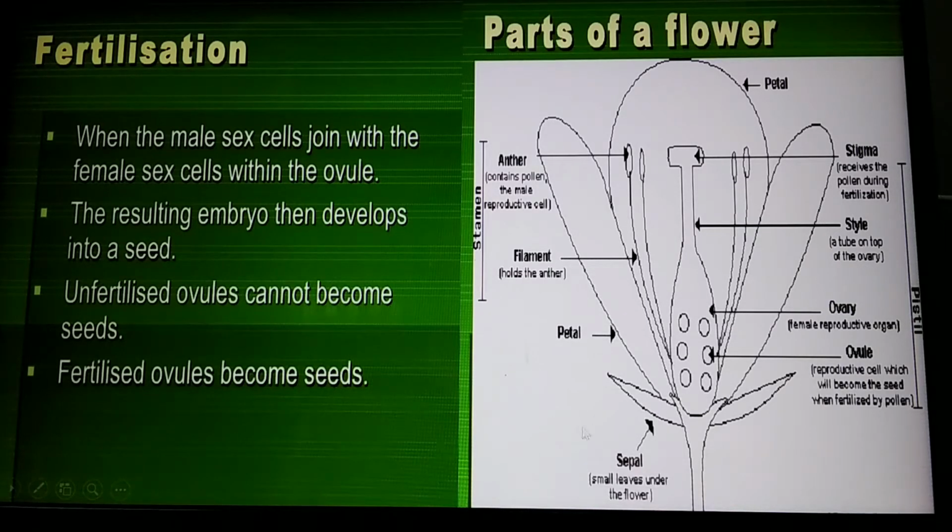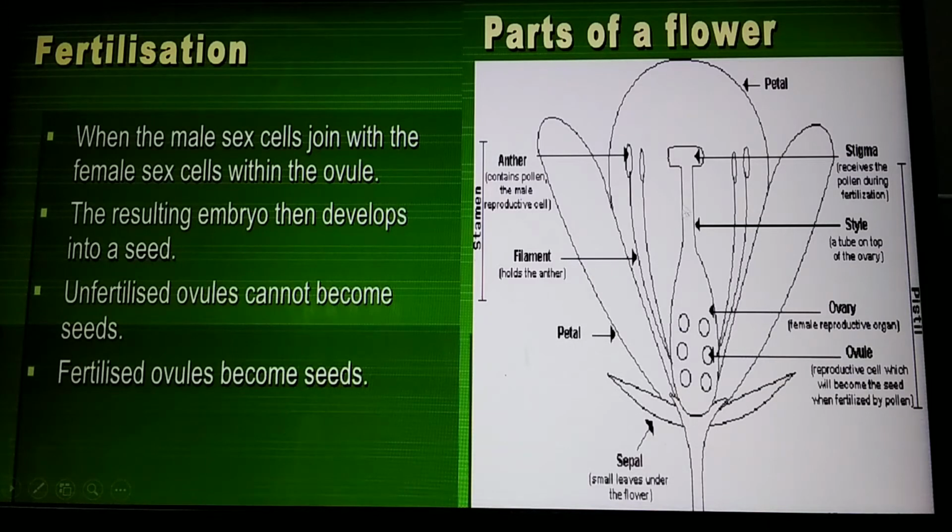These are the sepals. These are the petals. This is the filament, the anther contains pollen grains, and together it is called the stamen. It is the male reproductive organ, whereas this in the middle is the female reproductive organ, the pistil.